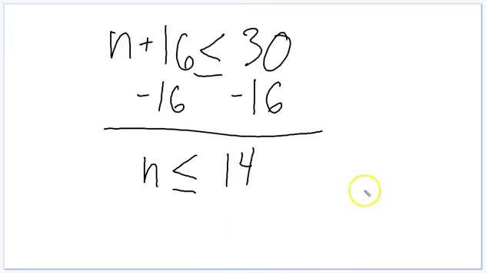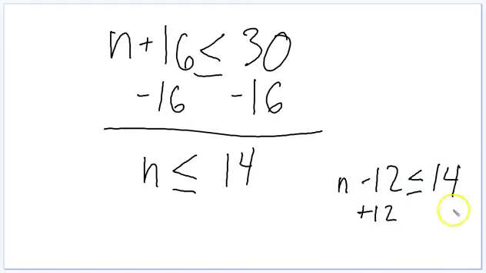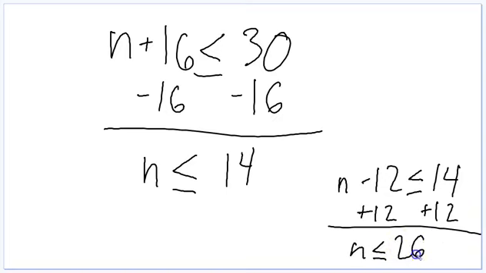Let's try this one. I get n minus 12 is less than or equal to 14. I need n by itself, so I'm going to add 12 to both sides, and I get n is less than or equal to 26. That is my answer because that is not the same as this.